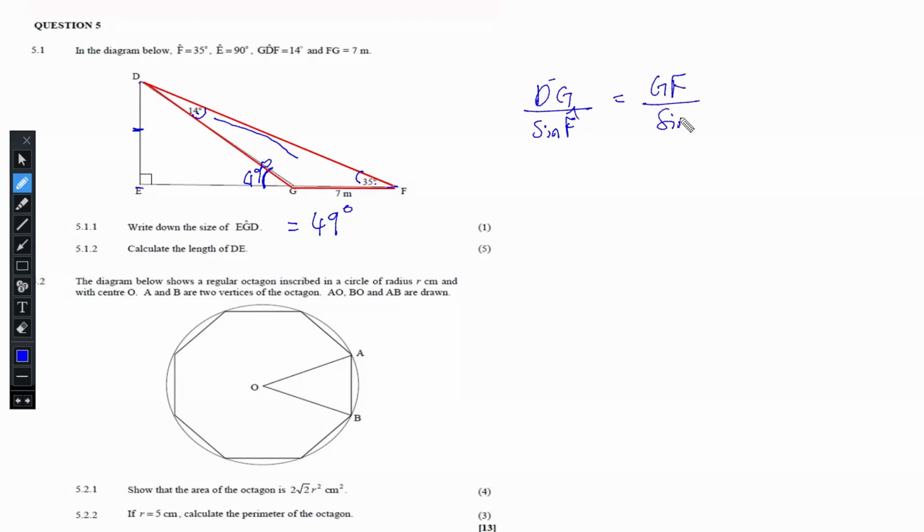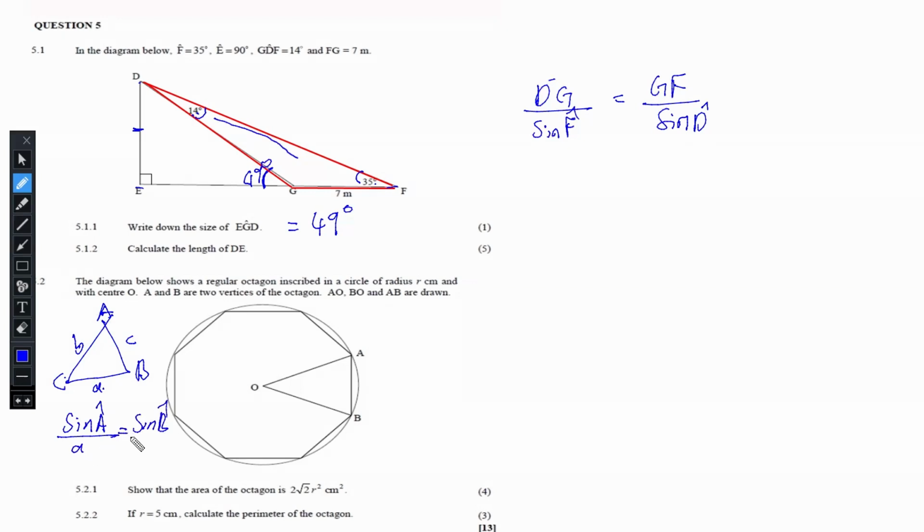So I'm using the sine rule here. So sine rule, remember, it says if this is A, B, C, then the way I write it, this should be side A, this should be side B, and then this should be side C. So angle A is opposite side A. Angle B is opposite side B. Angle C is opposite side C. Hence you have sine A over the side it is opposite to.